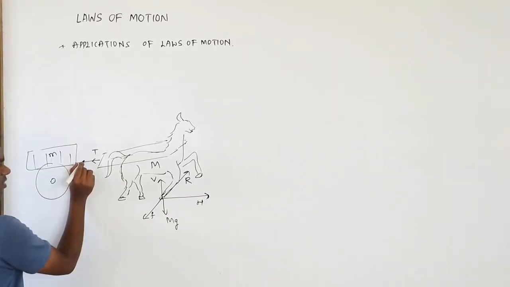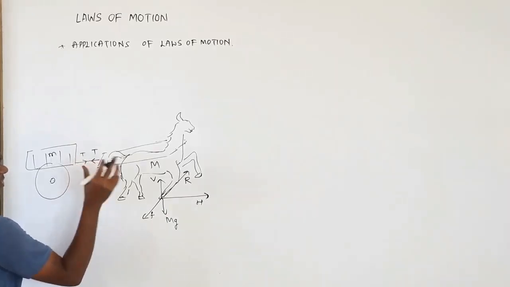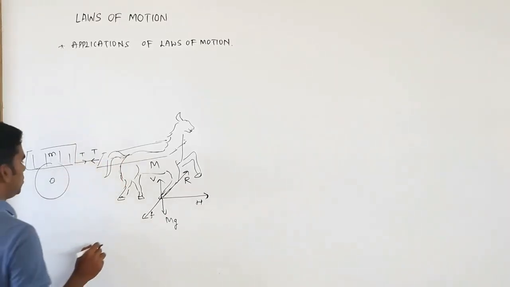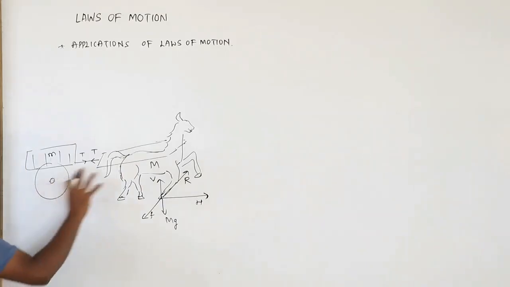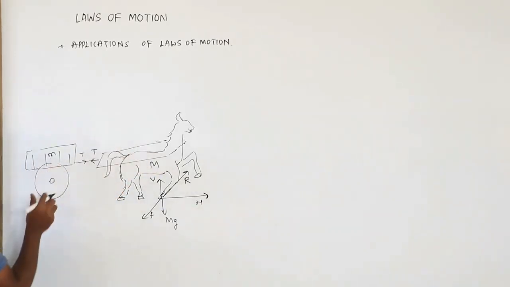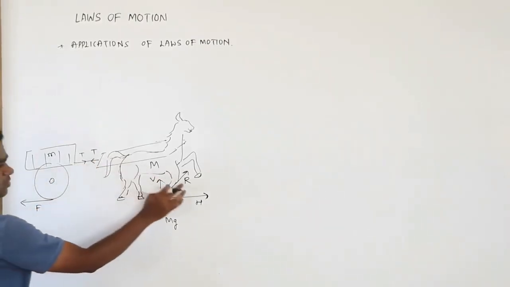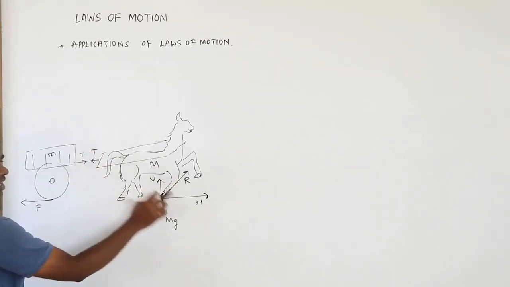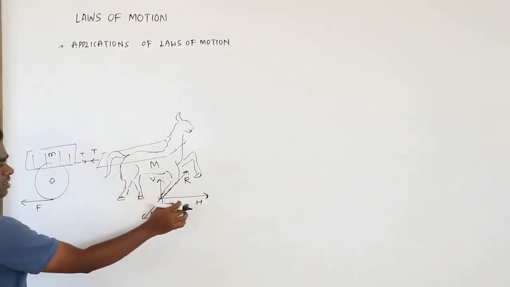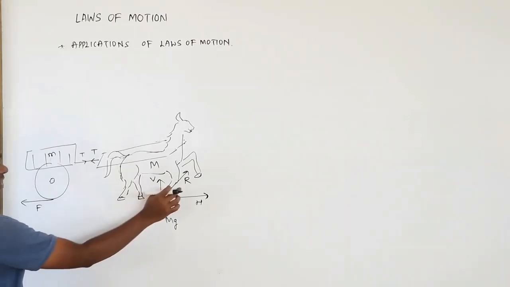The direction of tension will always be towards the center. When the cart starts moving, it will apply some force in the opposite direction. Because of this tension, this force comes into action. These two are equal and opposite. And because of this force, this tension comes into action, because of the horizontal component of the reaction of the Earth.